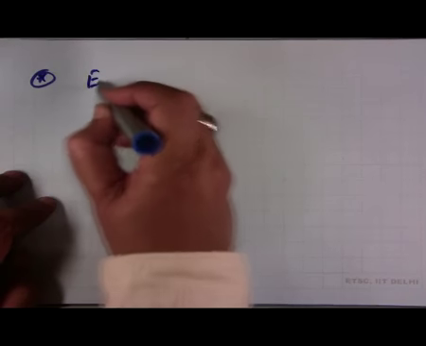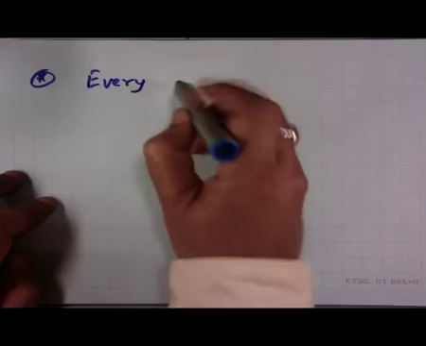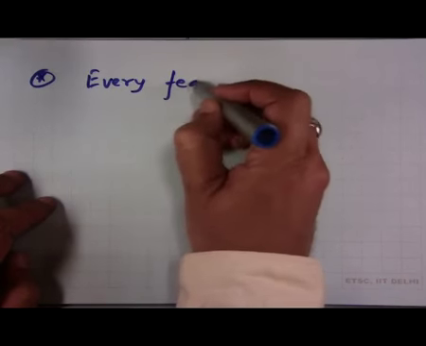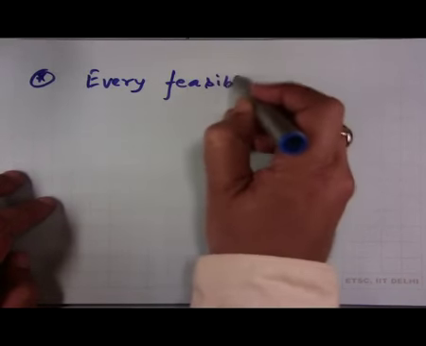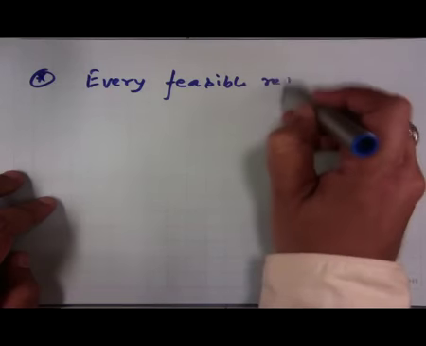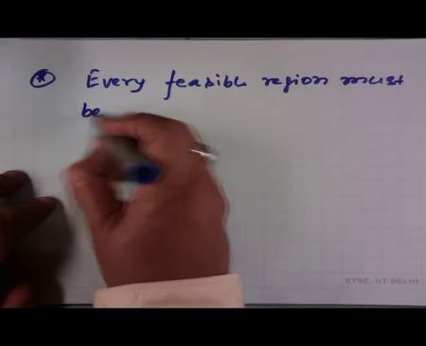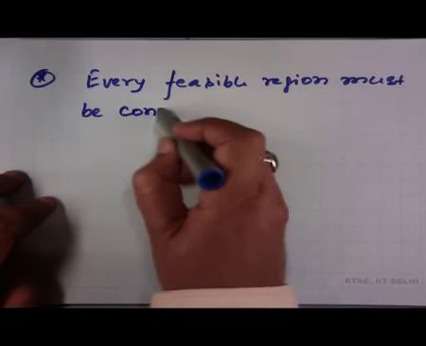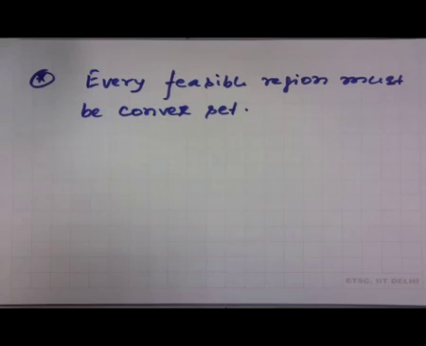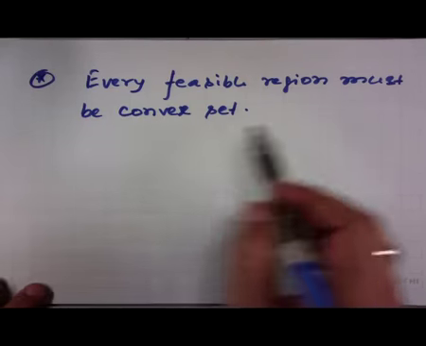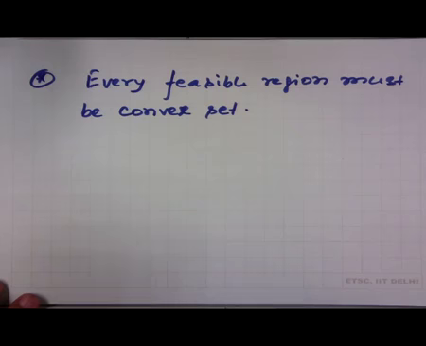Every feasible region, a very important point, must be a convex set. So every feasible region must be a convex set.